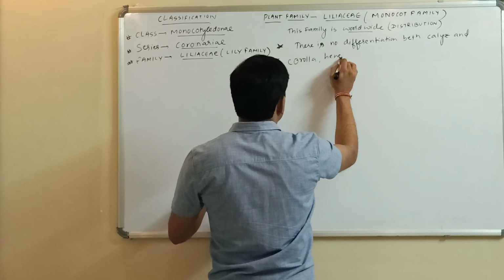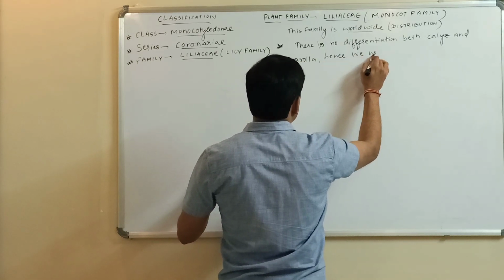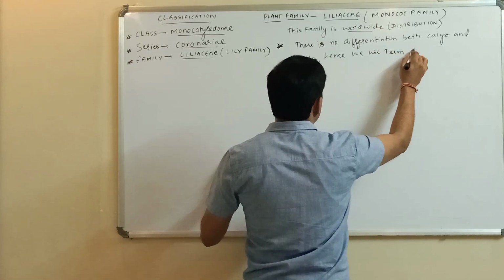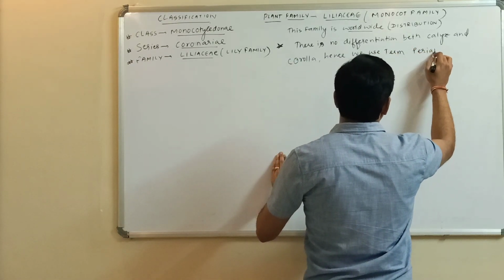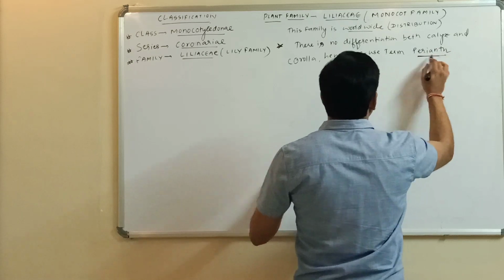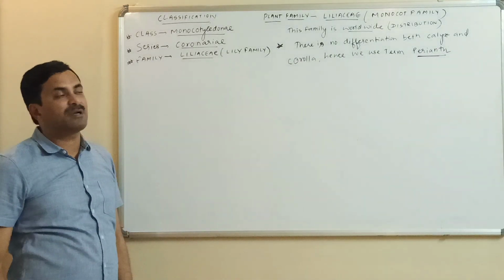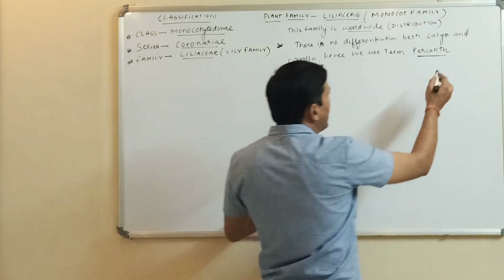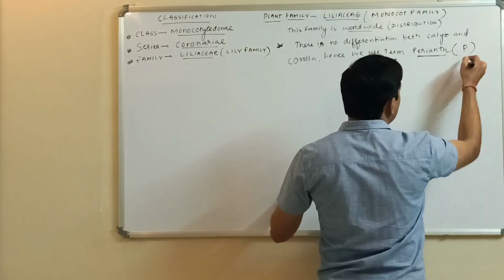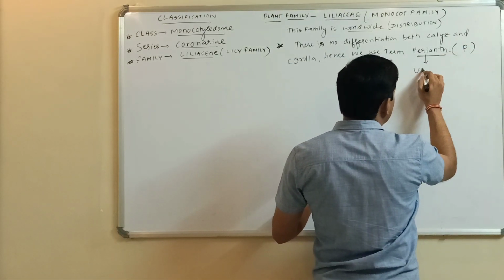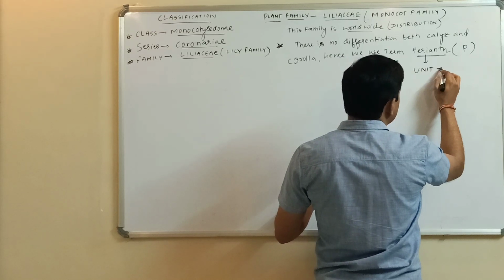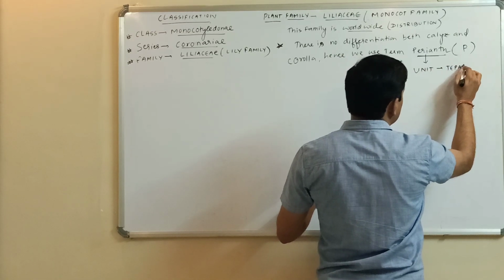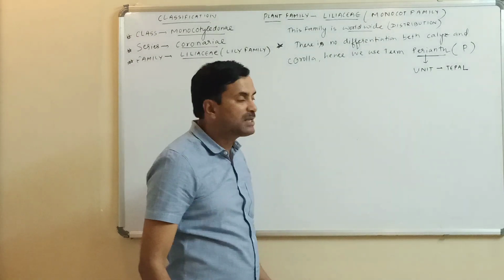Hence, we use the term perianth. We know that in morphology we study that when there is no differentiation between the calyx and the corolla, hence we use the term perianth, and this perianth is denoted by P, and its unit is tepal.